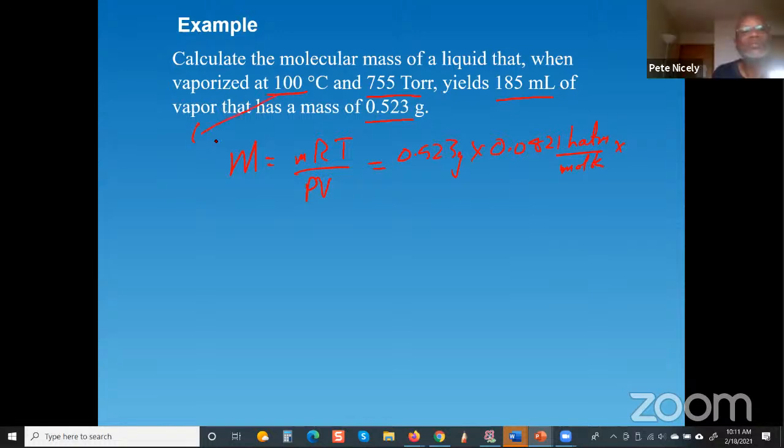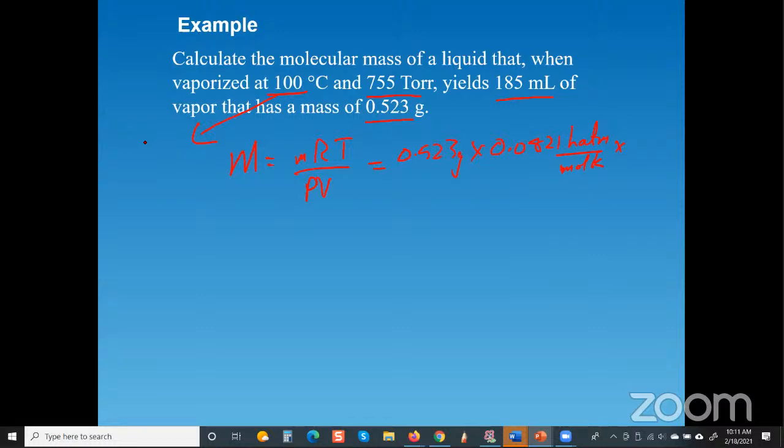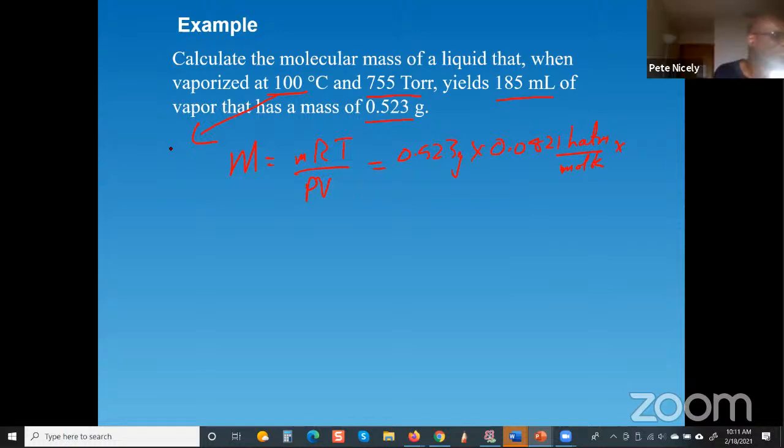But what do we need to do to that? You need to transfer that to Kelvin. So that becomes what? What do you add to 100 to convert it to Kelvin?